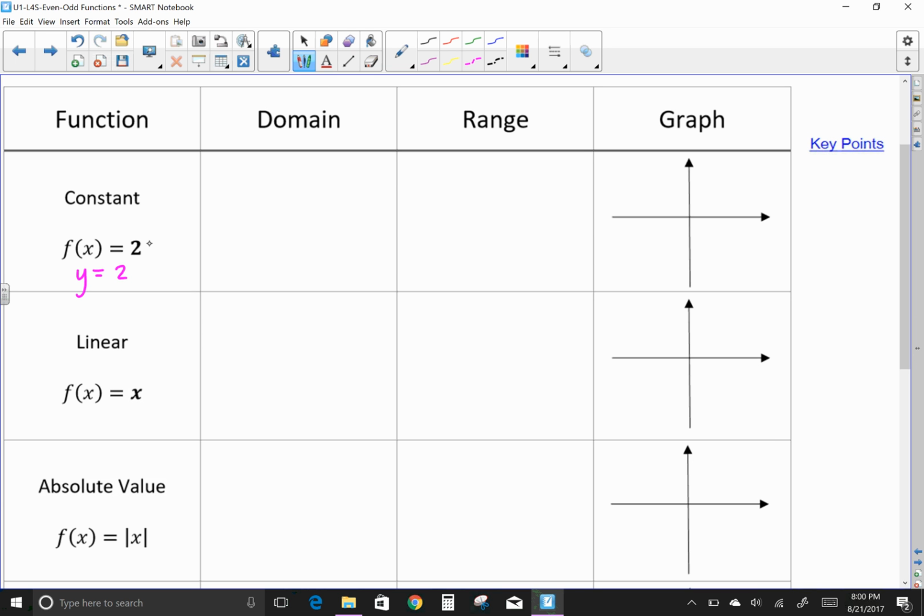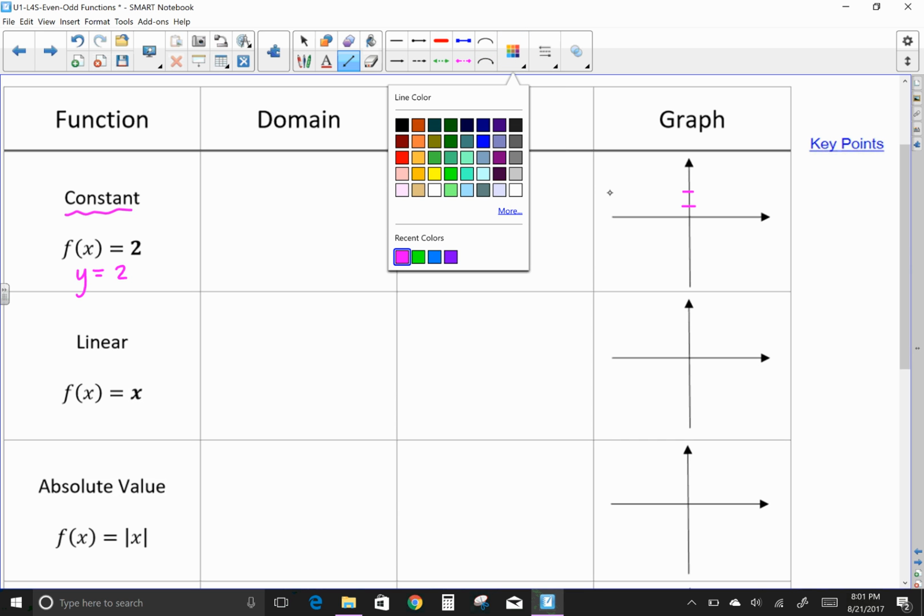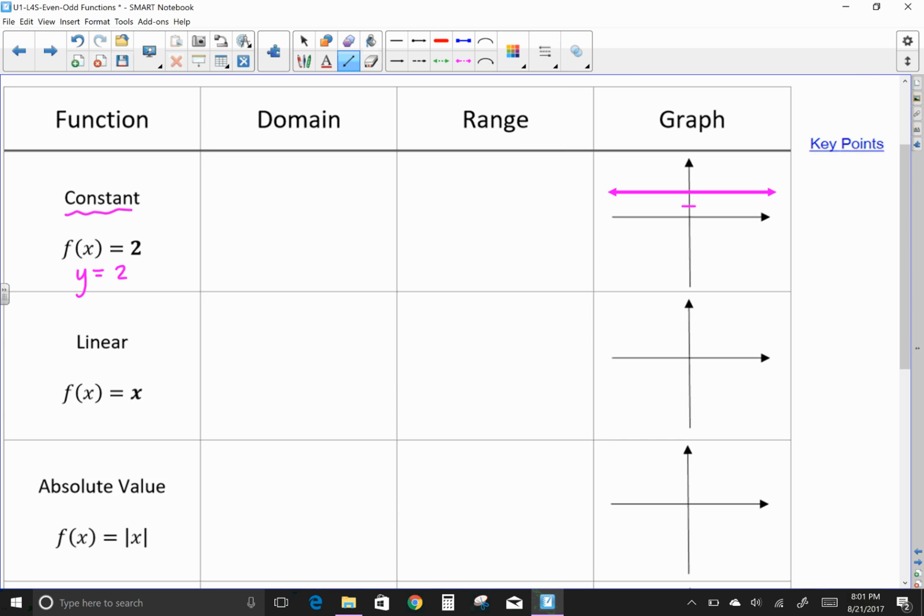And the key to this graph is it says it's constant because there's no variable over here and it doesn't change. Y is always 2, so I go up 2 tick marks and I'm going to draw my line. So it's going to go through like this. And that is the line y equals 2.